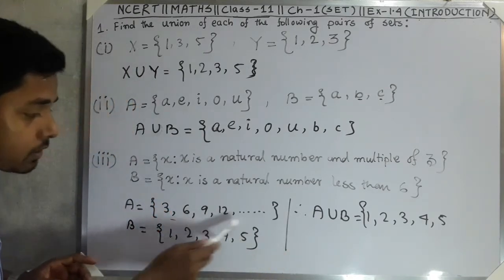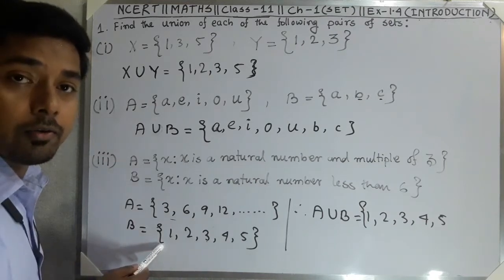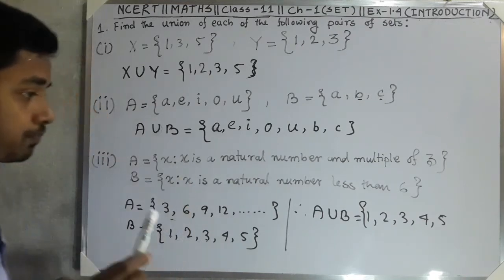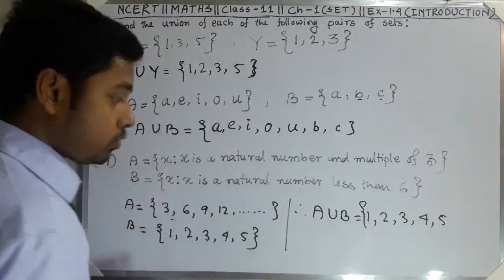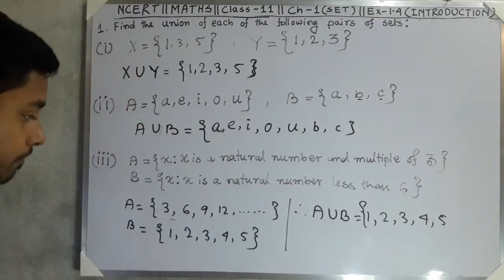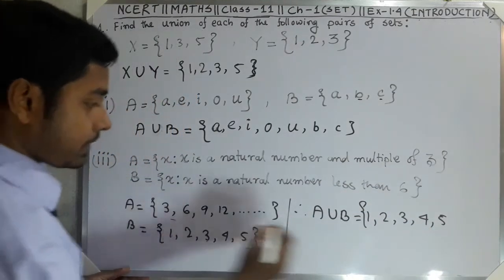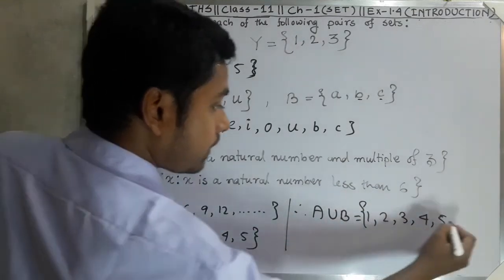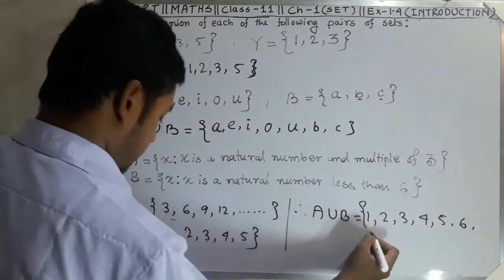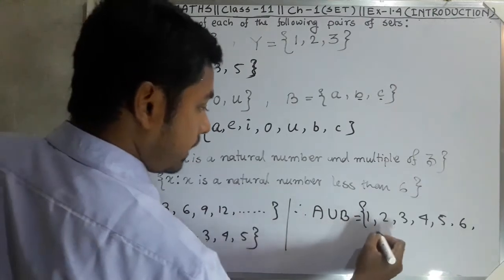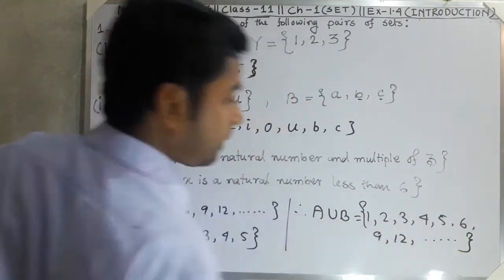That means all the elements of A and all the elements of B we have to take. So what will be the set? 1, 2, 3, 4, 5, then 6, then 9, 12, and then continuing.